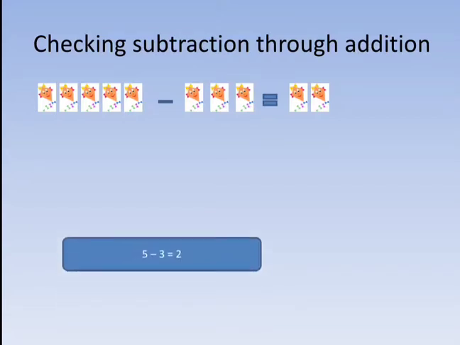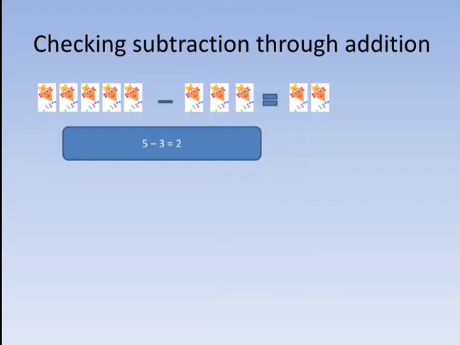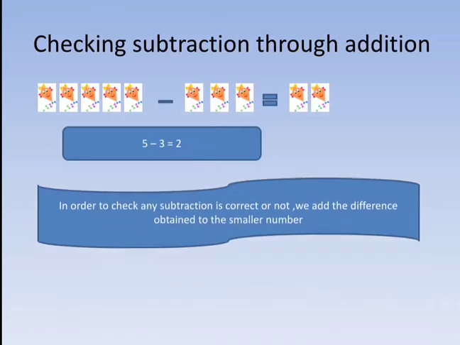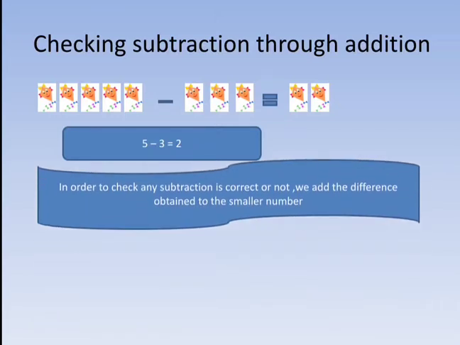So in a statement we can write it as 5 minus 3 equals 2. In order to check whether any subtraction is correct or not, we add the difference obtained to the smaller number. Here, 5 is the bigger number or minuend and 3 is the smaller number or subtrahend, and the difference obtained after subtracting these two numbers is 2.